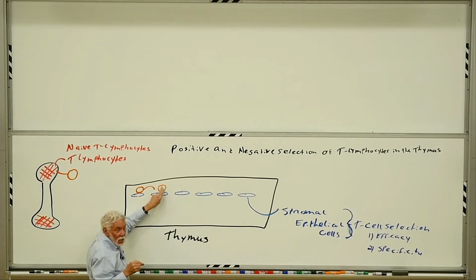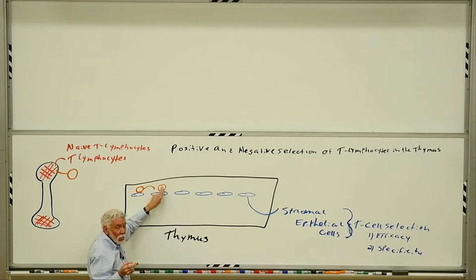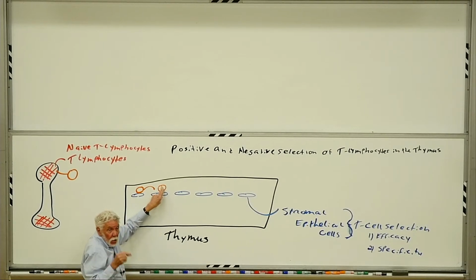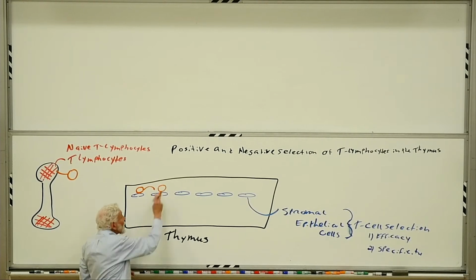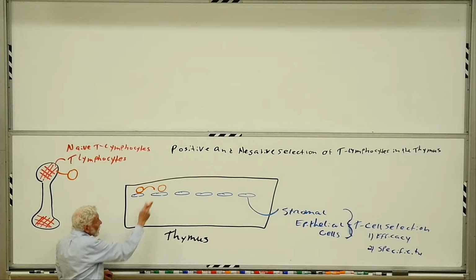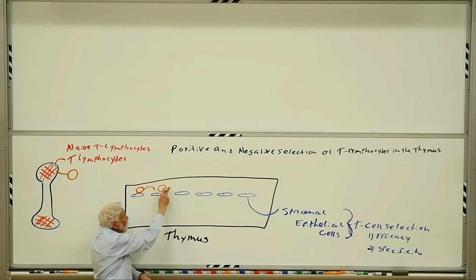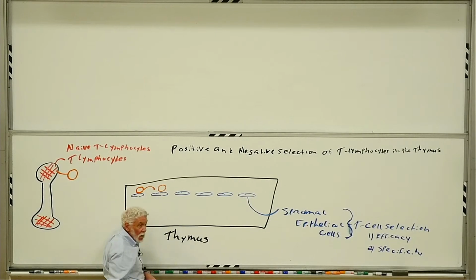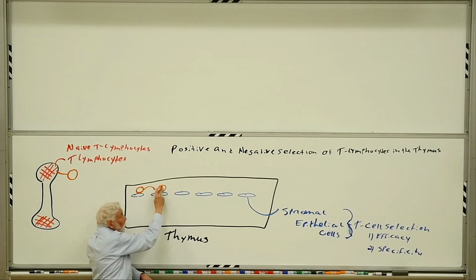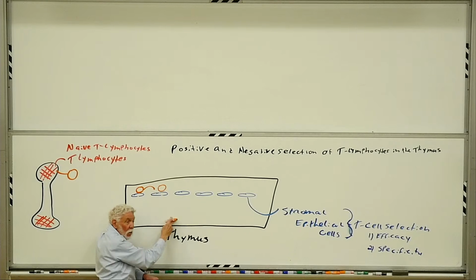And if this naive T lymphocyte says, I don't care, I'll recognize any protein on any old cell, then this epithelial cell says, you're dangerous, and withholds growth factors, and the cell dies. The reason that's dangerous is that if this cell is producing proteins that can recognize proteins on any old cell, any cell in our body, then this could potentially become a T killer cell and kill those cells.